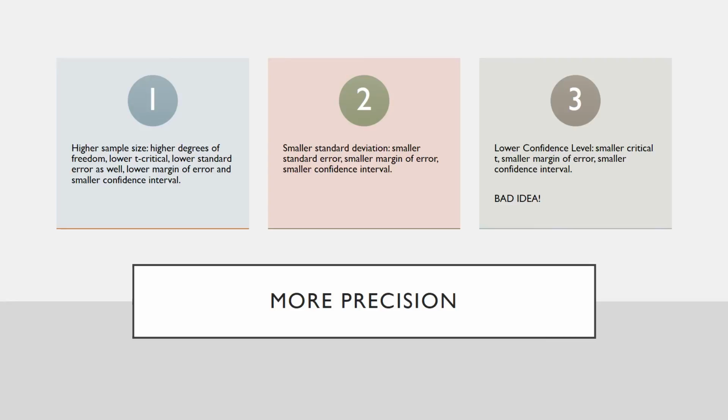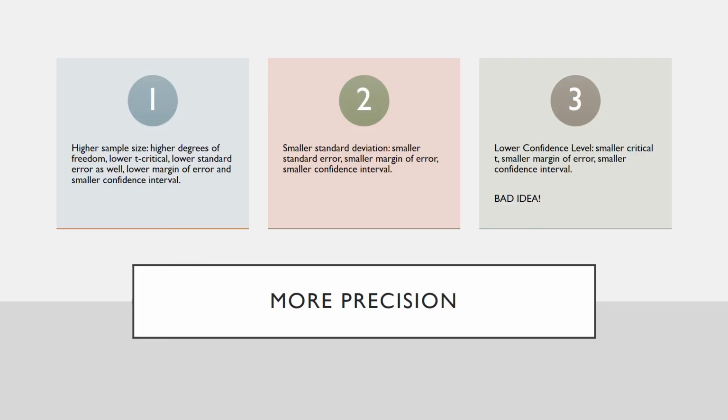So you're only going to be right 20% of the time in the long run. So you're going to be wrong more than you're right, and that makes no sense. So don't go lower than 90%, and even that is considered a little bit big anyway.